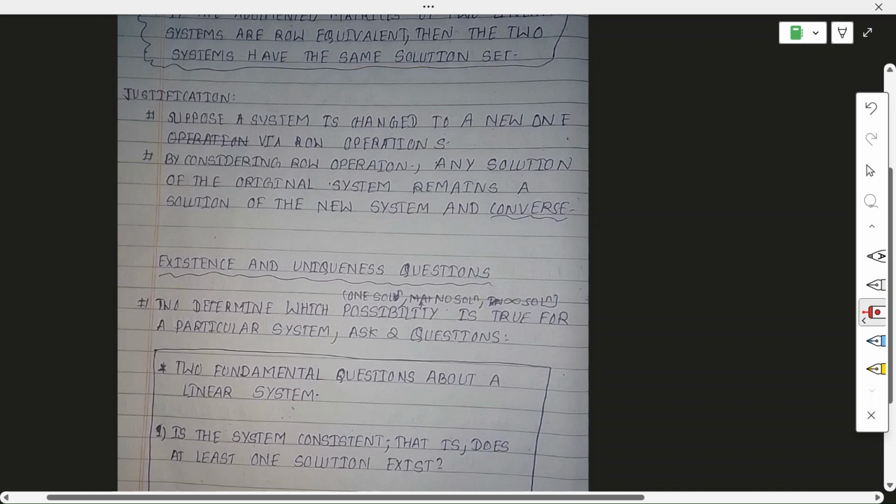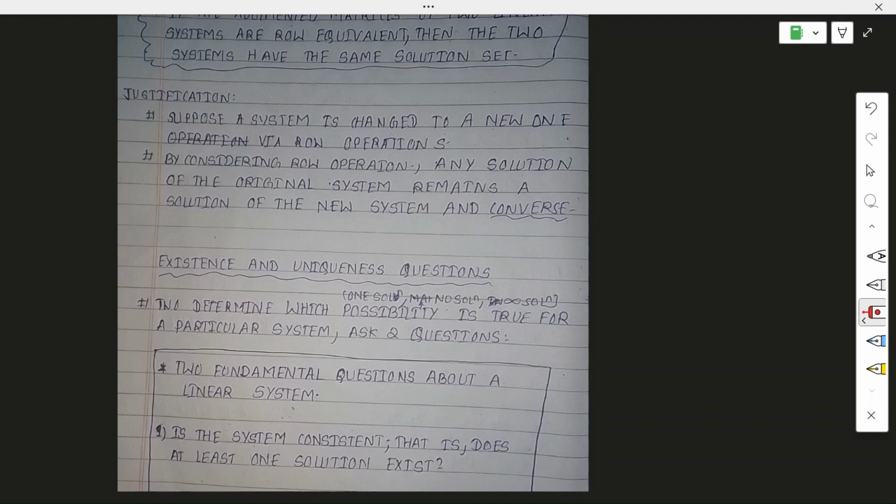Justification: suppose a system is changed to a new one via row operations. By considering row operations, any solution of the original system remains a solution of the new system and conversely.